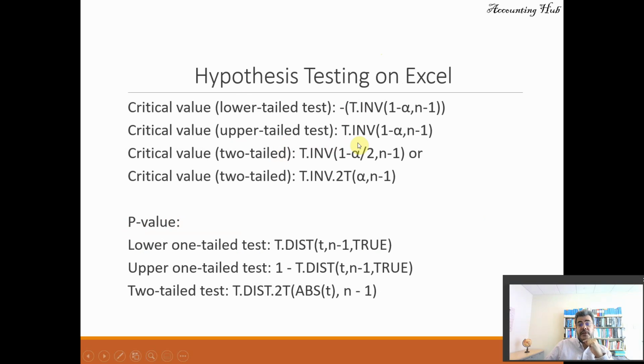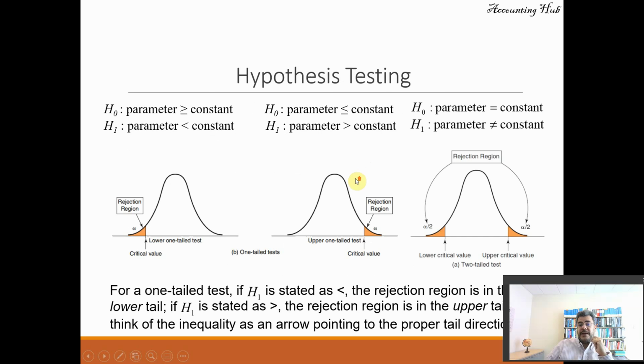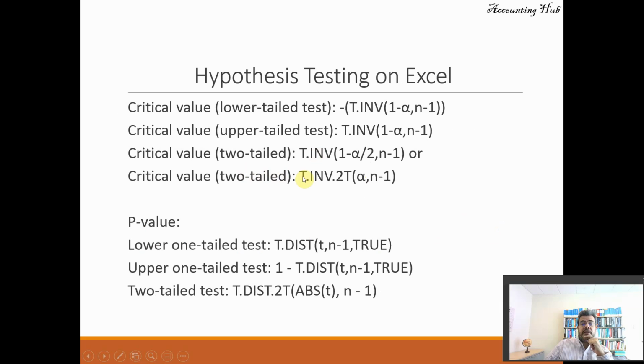Upper, it is positive, so positive. And two tail, either we use this first formula, that is this one, alpha divided by 2, or the T.INV.2T with alpha instead of 1 minus alpha, n minus 1. That is the degrees of freedom, n the size of our sample minus 1.